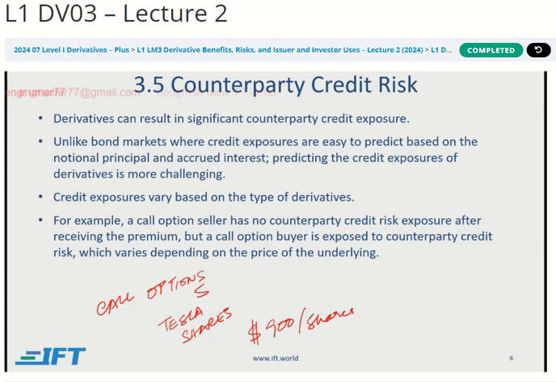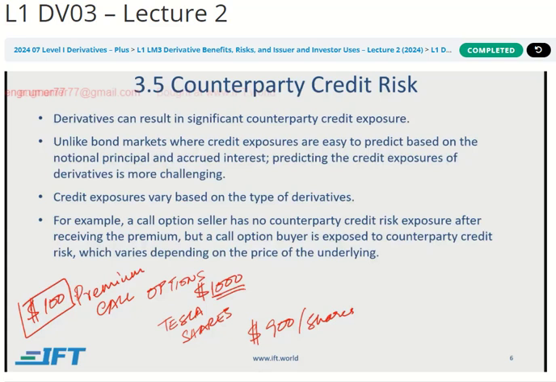So we get call options for Tesla shares at a strike of 1,000, and we only pay a small premium, let's say $100. This premium could go to waste if the price doesn't go above 1,000, but if it does, then we have the right to buy at 1,000.